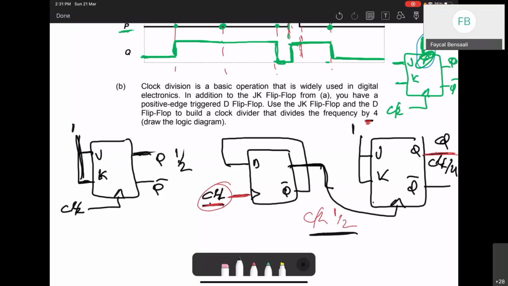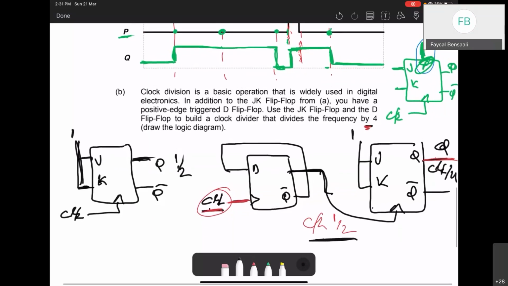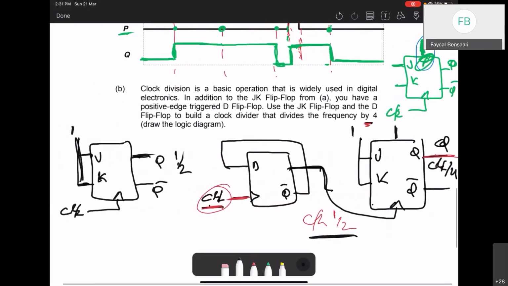Is this clear? The JK flip-flop that we have here has P. So what should we do to this P to get this clock divider to work?